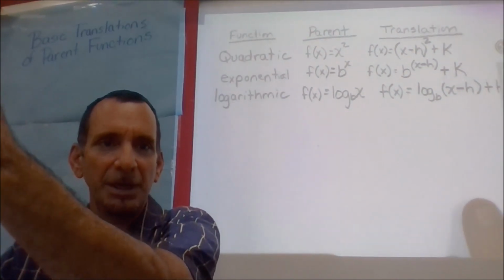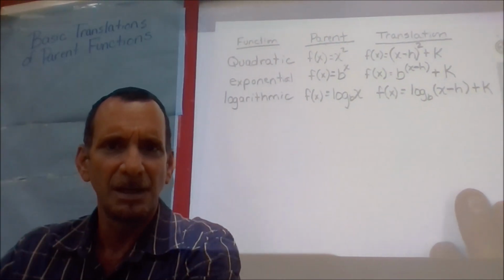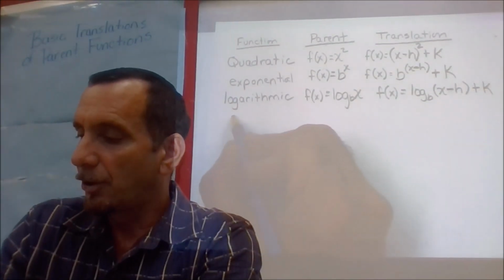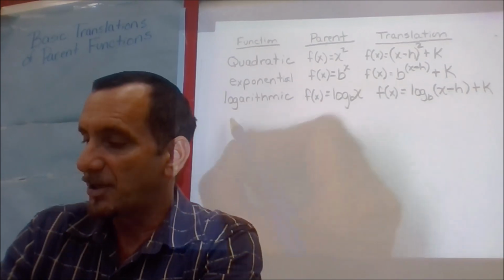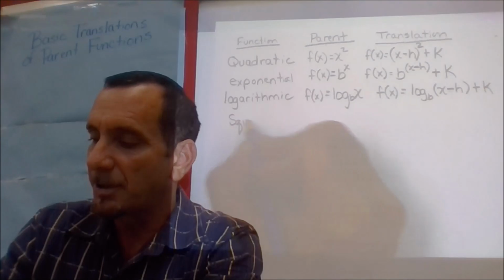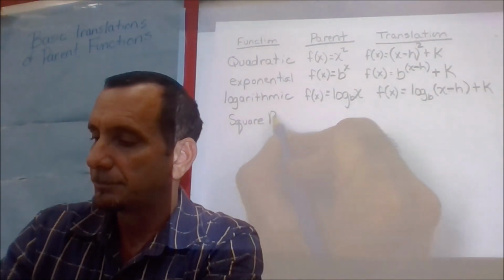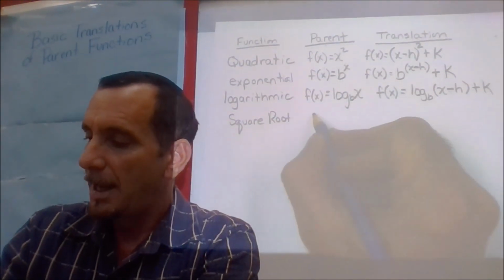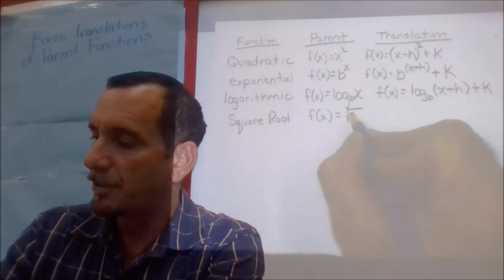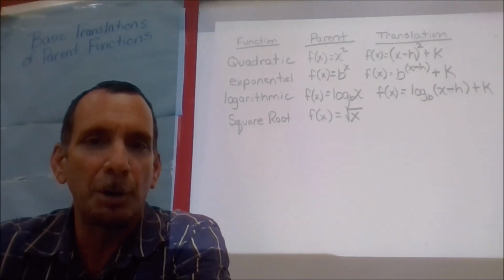Zoom out just a little bit. Let's try another one. How about radical or square root functions? Let's say f of x is the square root of x, the most basic of all square root functions.